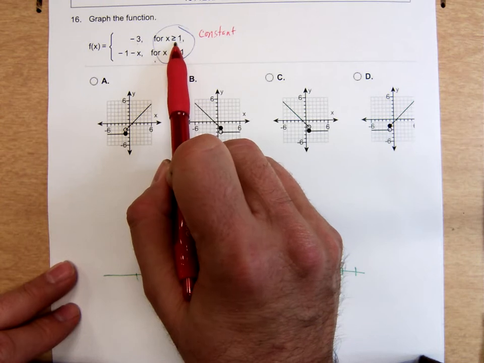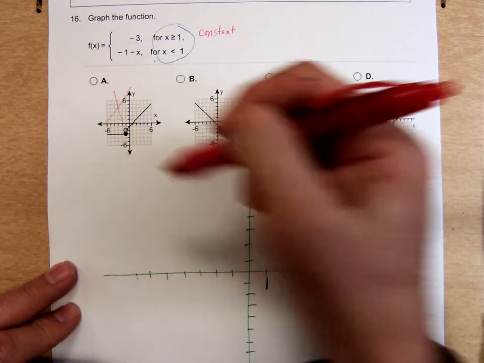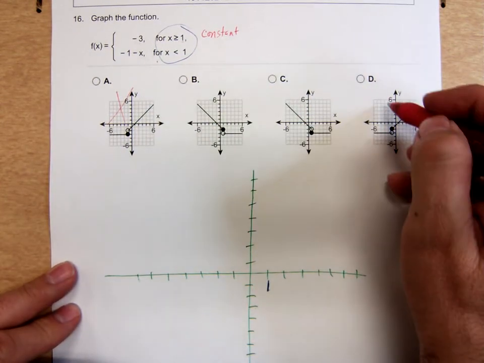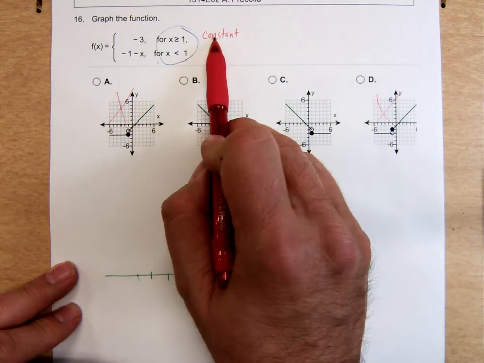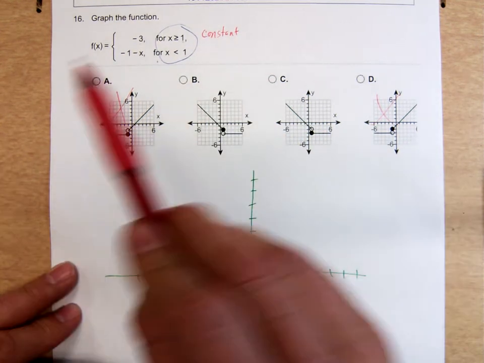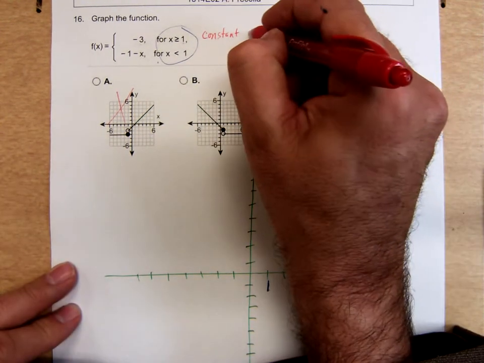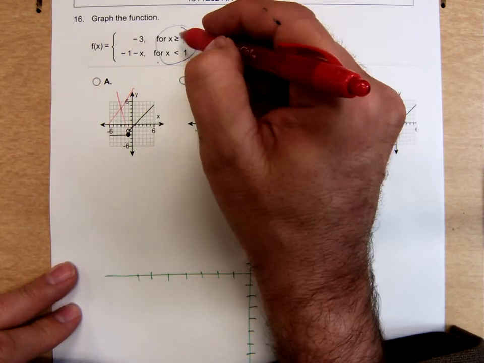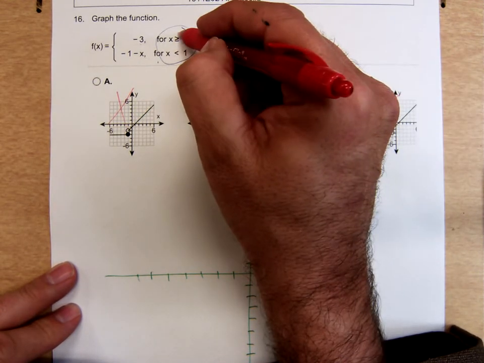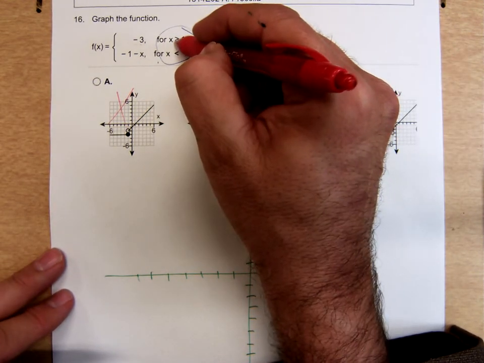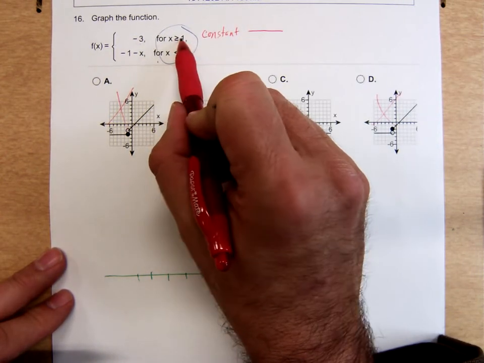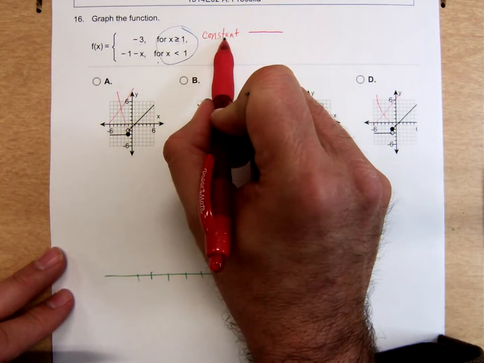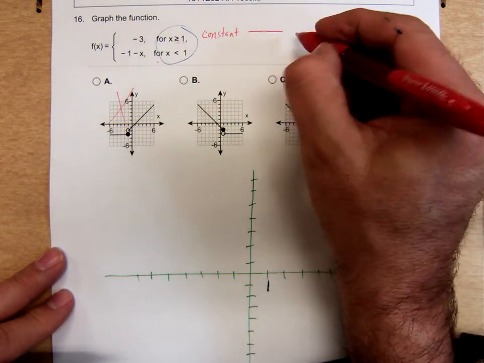We've already knocked out this one, and what was the other one we knocked out? D? A constant function has just a flat line as its graph, and you look at this symbol to decide between an open or closed circle. So this flat line has what on it? An open circle or a closed circle? Closed, because of the equal sign.